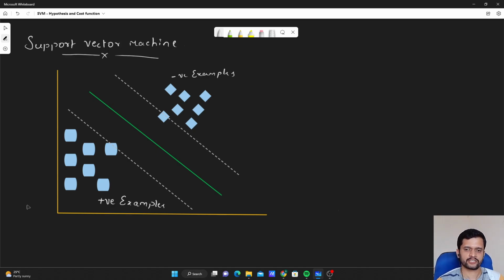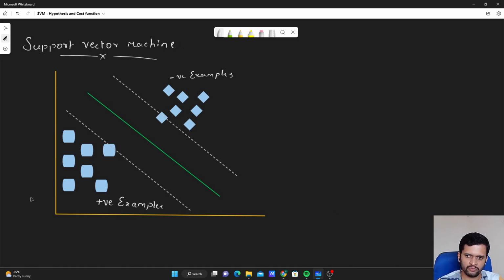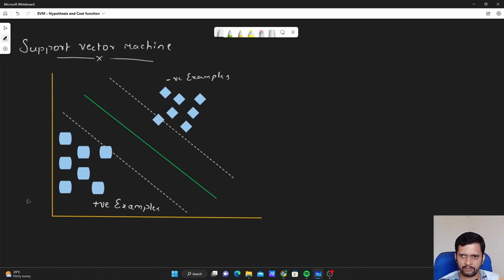Okay, so let's start with SVM now. As you know, SVM comes up with some support vectors and then builds a decision boundary so that the distance between the support vectors is maximum. I have represented this in a pictorial way here. You can treat these two points as support vectors. There can be more than one support vector on each side, but for easy understanding, let us consider only one on each side.